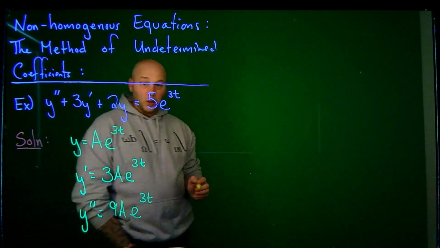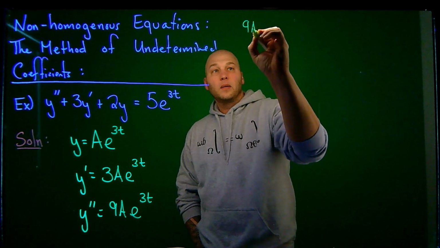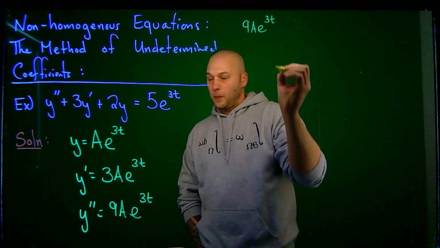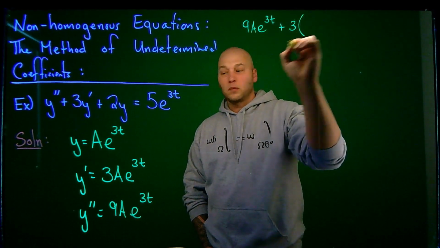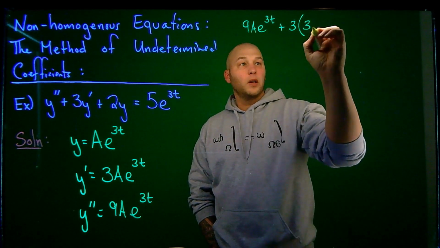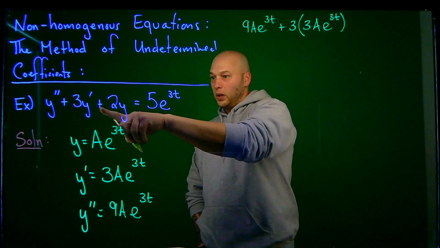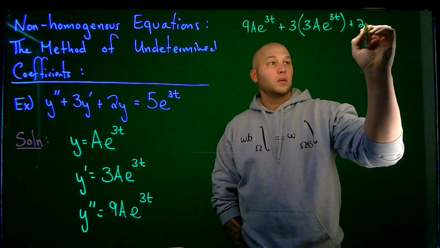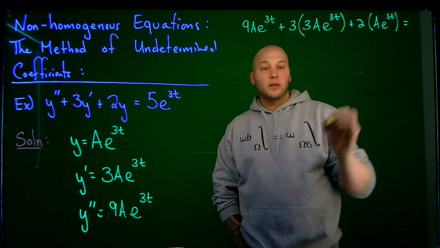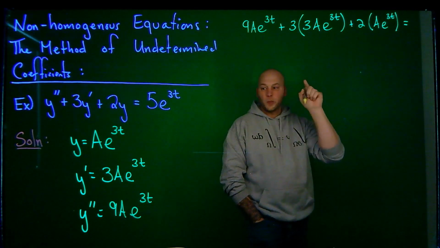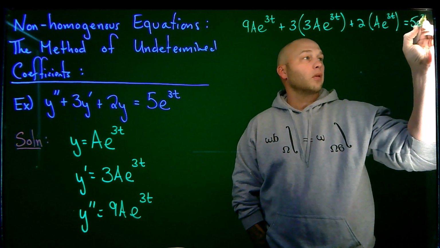And then I'm going to go ahead and plug those into the left side of the equation, giving me 9a e to the 3t plus 3 times y prime, which is 3a e to the 3t, plus 2 times a e to the 3t, and there's the left side of the differential equation with those specific terms plugged in, and that's going to be equal to 5e to the 3t.